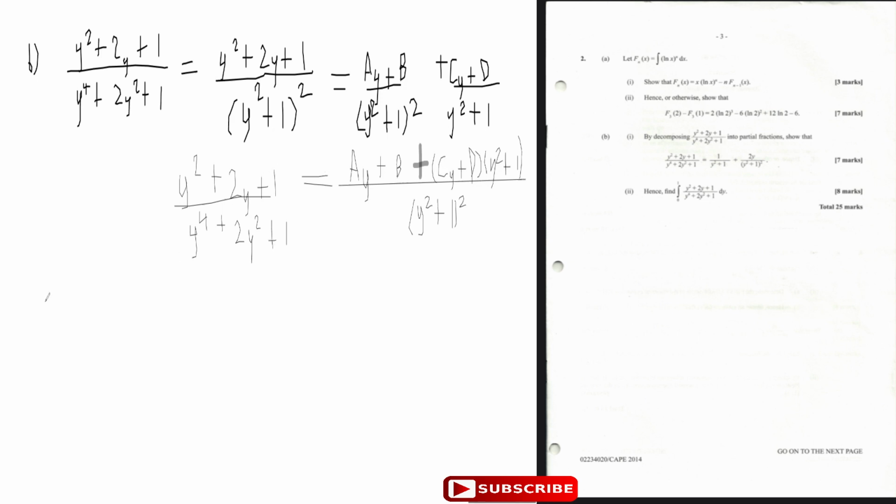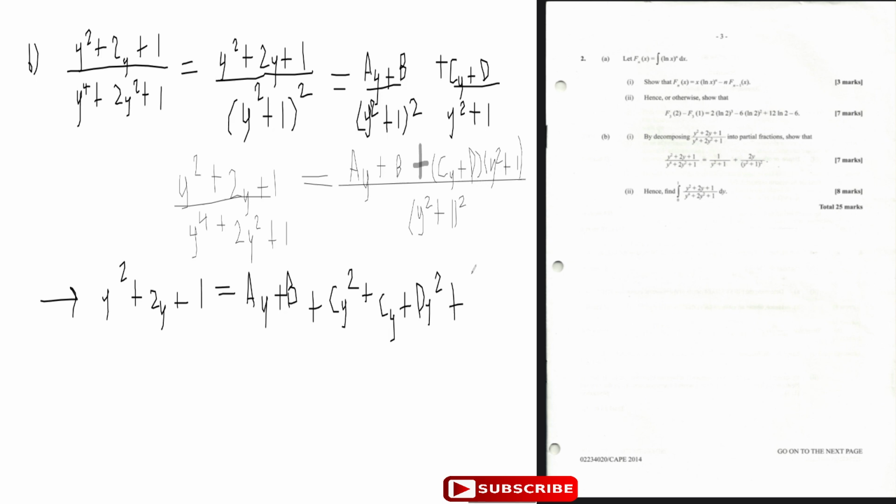So equating numerators, y squared plus 2y plus 1 is going to be equal to ay plus b plus, now if I were to expand this, I would get cy times y squared, which is cy cubed, plus cy times 1 is plus cy, plus dy squared, plus d. Nice and easy.